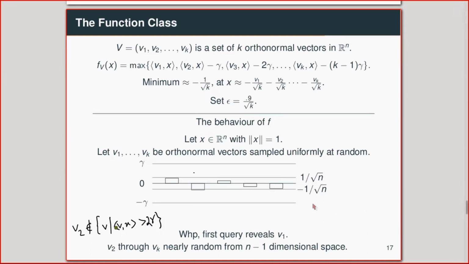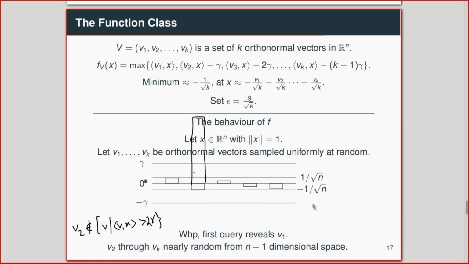If v2 inner product x was greater than 2 gamma, which would happen by fluke, because that's extremely unlikely, then the maximum would have been v2 inner product x and not v1 inner product x. So we don't just know that v2 through vk are orthogonal to v1, we do know something slightly more. And that is going to be annoying.